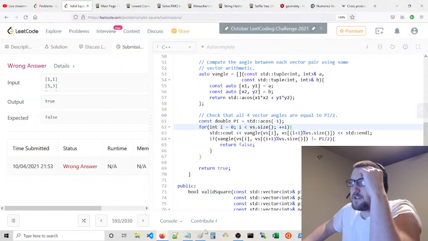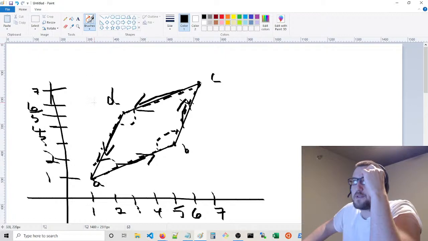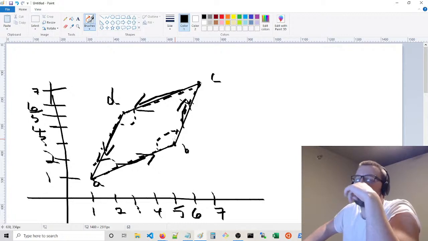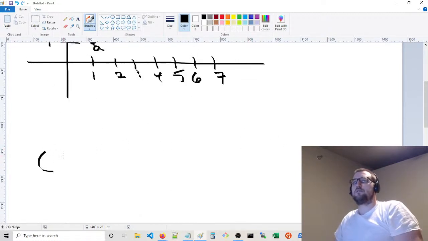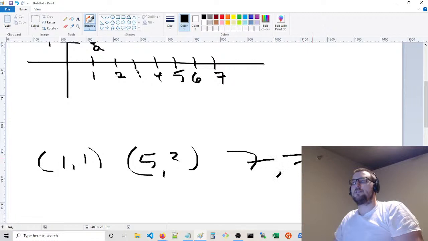Somehow these angles came out to be 90 degrees. I don't think so. I mean, maybe they are. 1, 1 to 5, 3 to 7, 7.